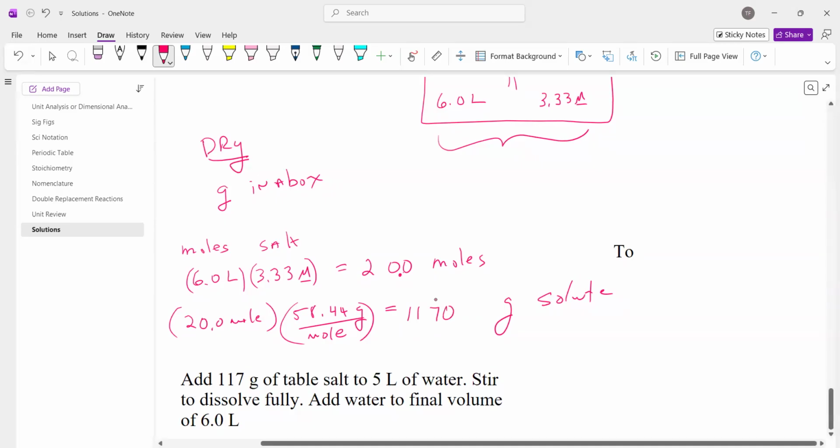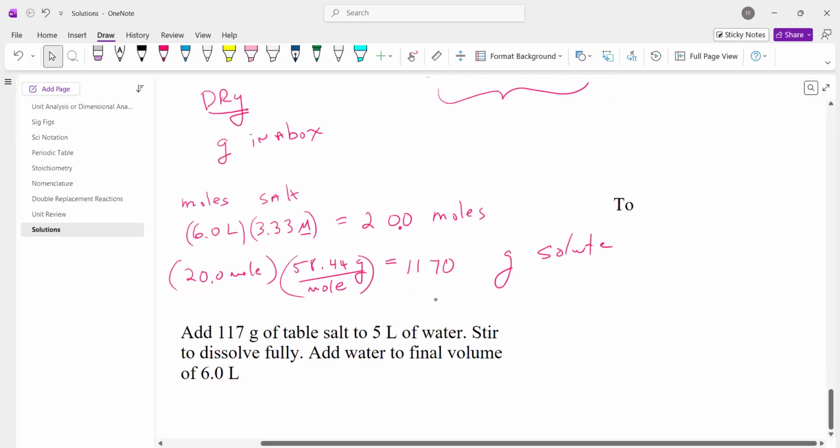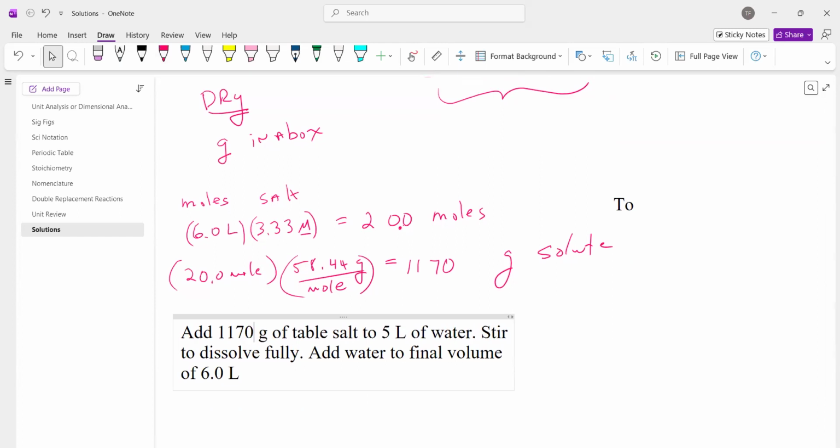Okay, it's going to be 1170 grams of solvent. So that's the dry approach. The dry approach gives us what we want. So let's label that as dry.